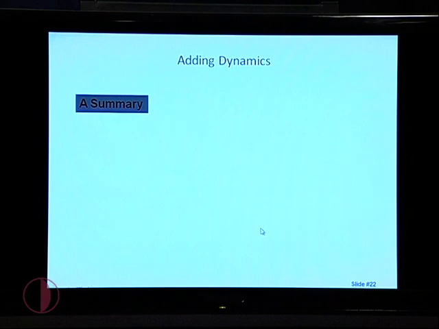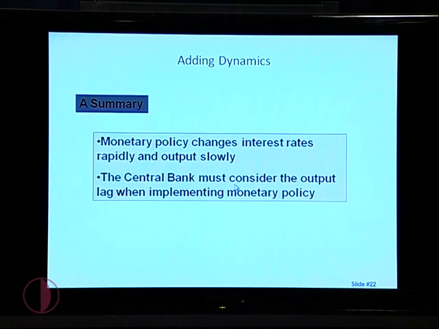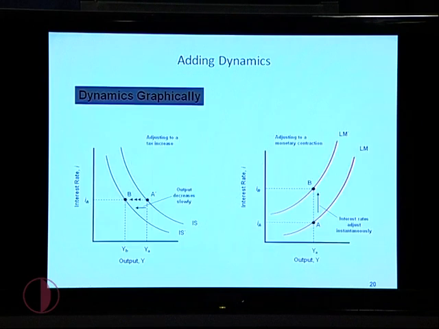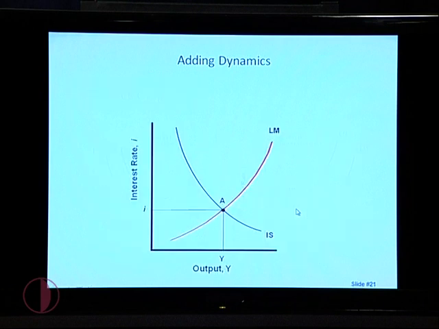Adding dynamics, a summary. Monetary policy changes interest rates rapidly and output slowly. Monetary policy dynamics: interest rates adjust instantaneously, while output adjusts on a gradual process.